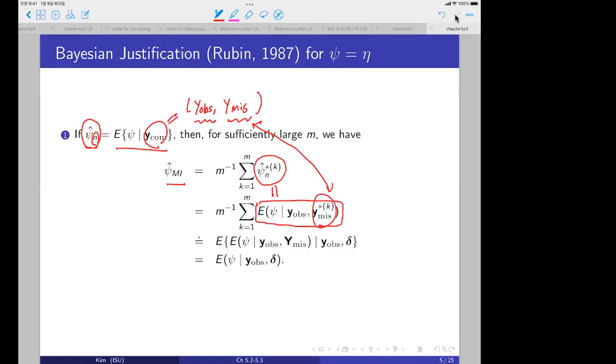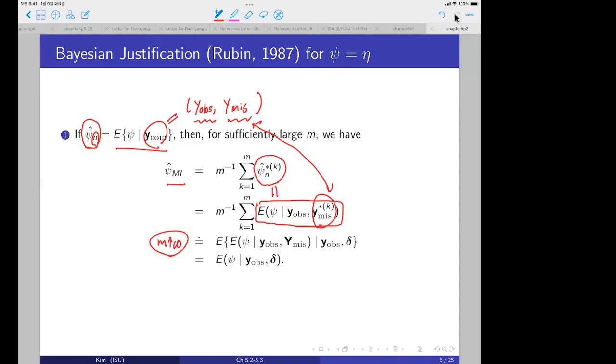And now let m go to infinity. Then it's just a sample mean, a Monte Carlo mean, so it converges to the population mean with respect to the imputation distribution.